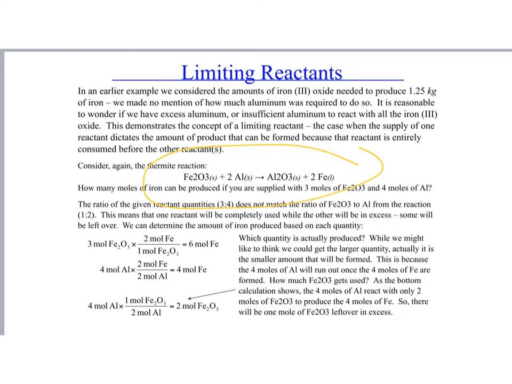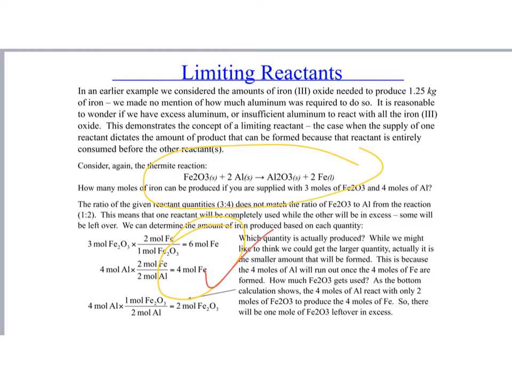So asking which is going to be the limiting reactant, we go through this process of looking at the same product, right? So we look at Fe and we find out that indeed the limiting reactant is aluminum, right? So if we can produce this, we would produce potentially 4 moles of Fe.